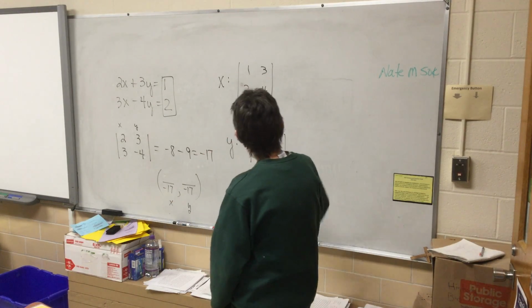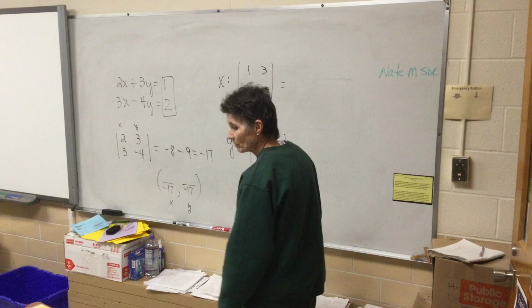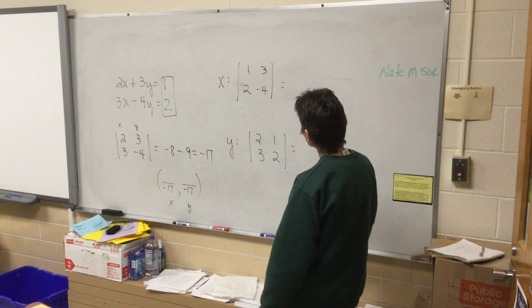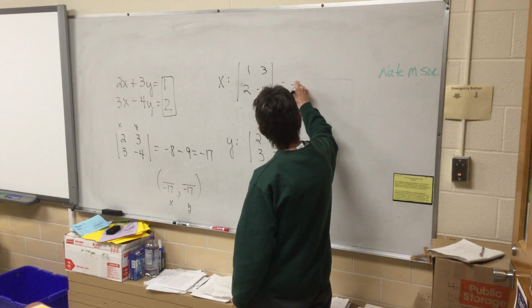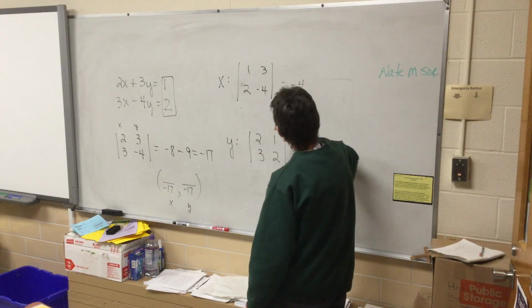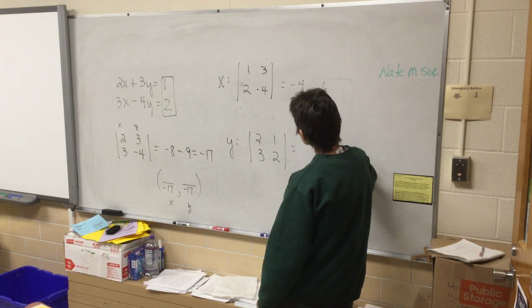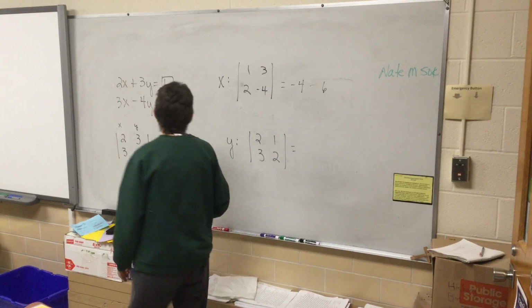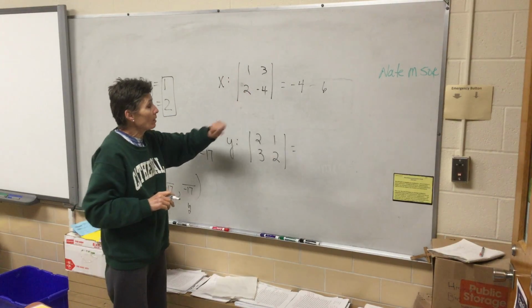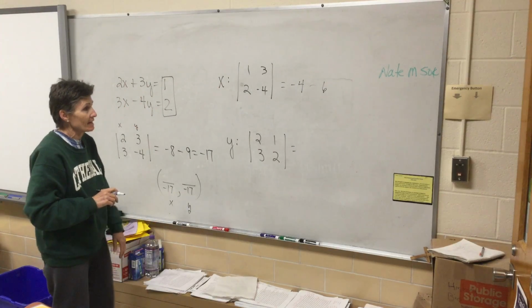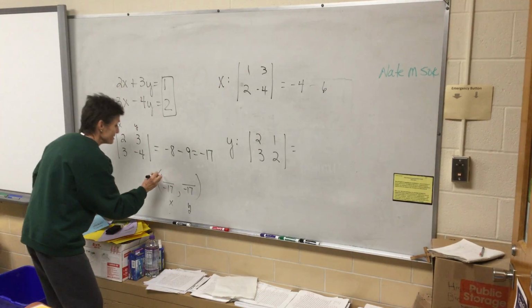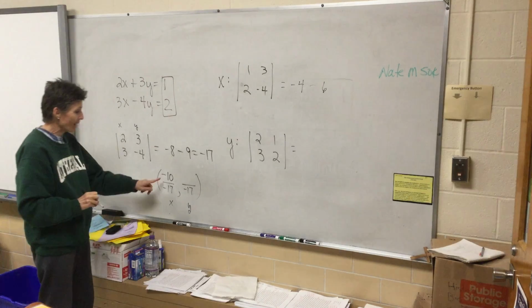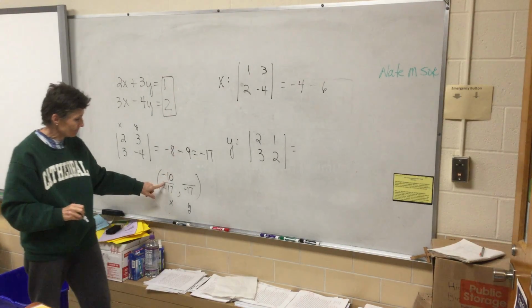Okay, well, now we just have to evaluate these and then we'll be done with the problem. So remember to evaluate, it's multiply the downs, multiply the ups, and subtract them. So negative 4 minus 6. That's negative 10. That is my x numerator.